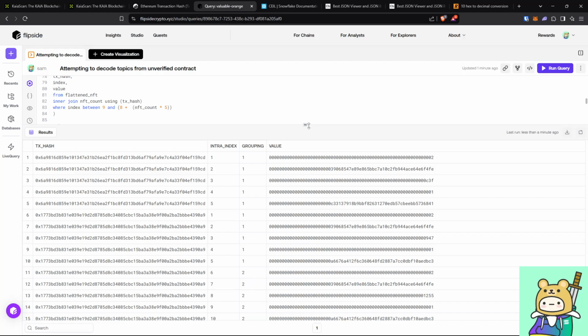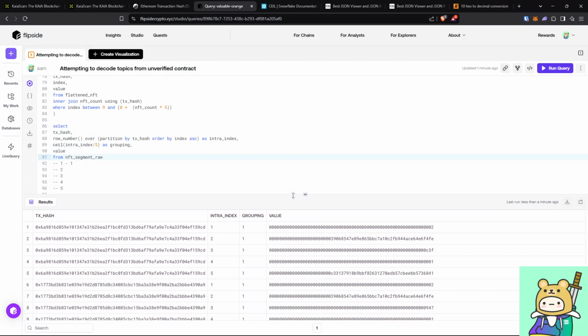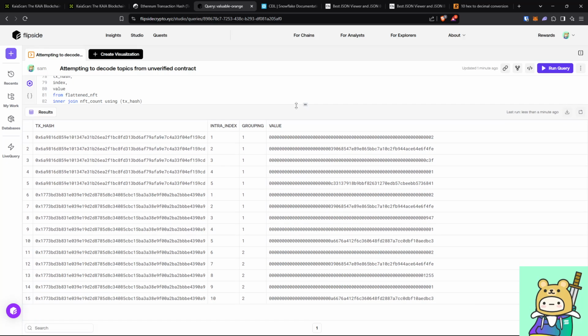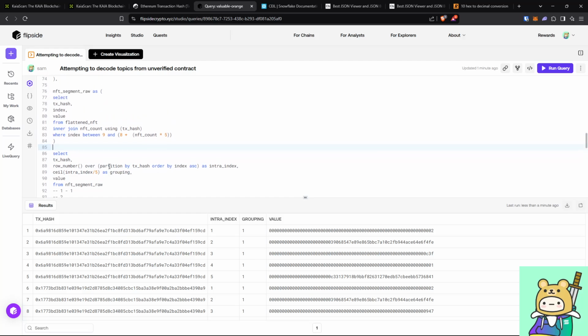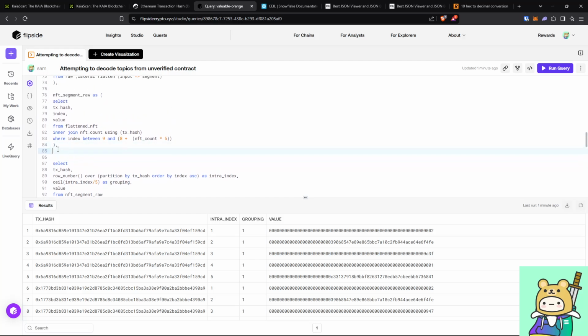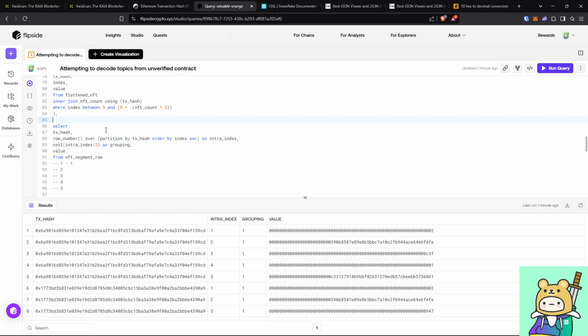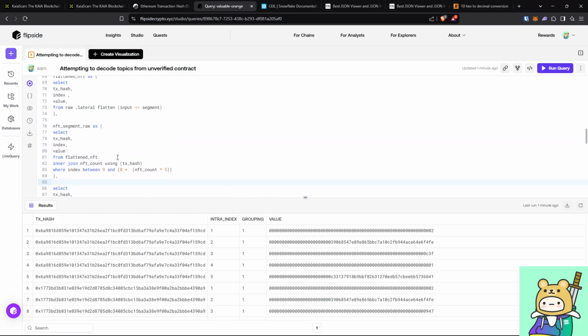And now finally, after grouping this up, we can convert them back into an array. Oh my god, getting long, but we're close.